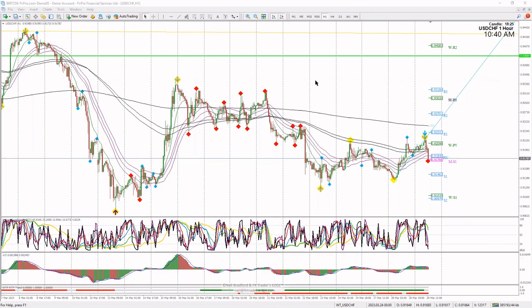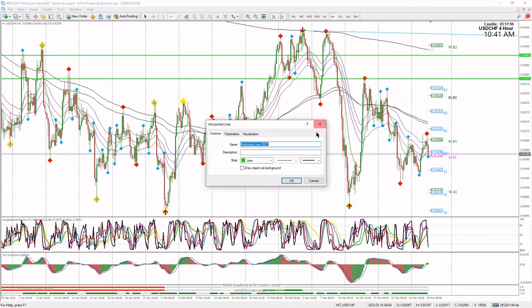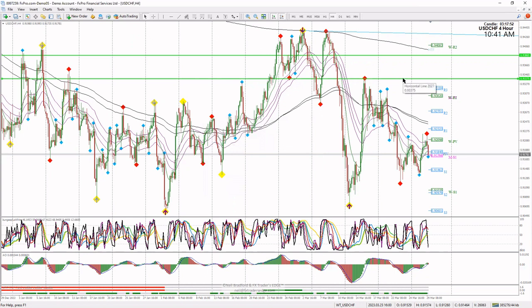So let's go briefly up to the 4 hour chart and see if that agrees. And we're talking about agreeing with a move higher. And the 4 hour chart says we will go above that level. Okay.